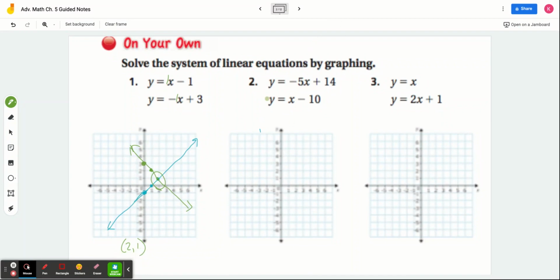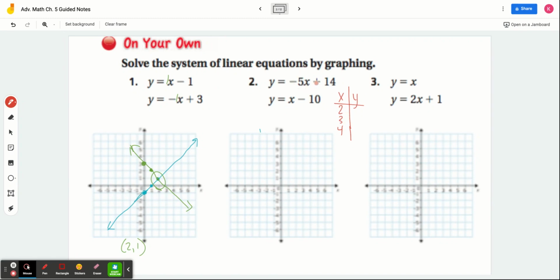Now, we can do the same thing for the next two problems. With number 2, I know that these two y-intercepts are not available on this graph. What I did instead was I made a table to get my points. So for my first equation, I used the x values 2, 3, and 4.